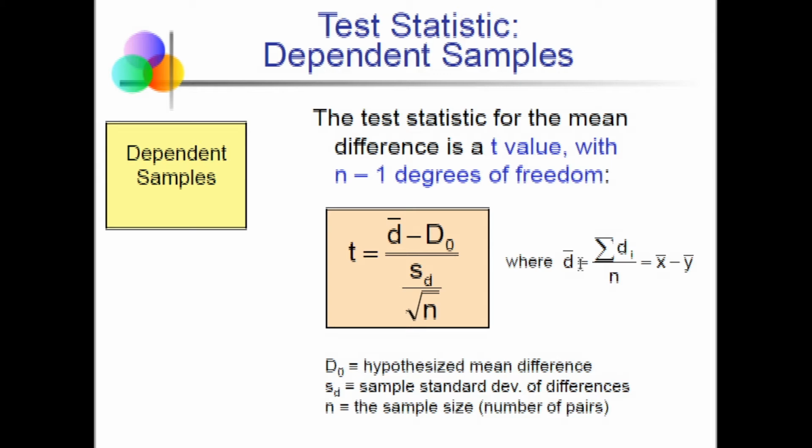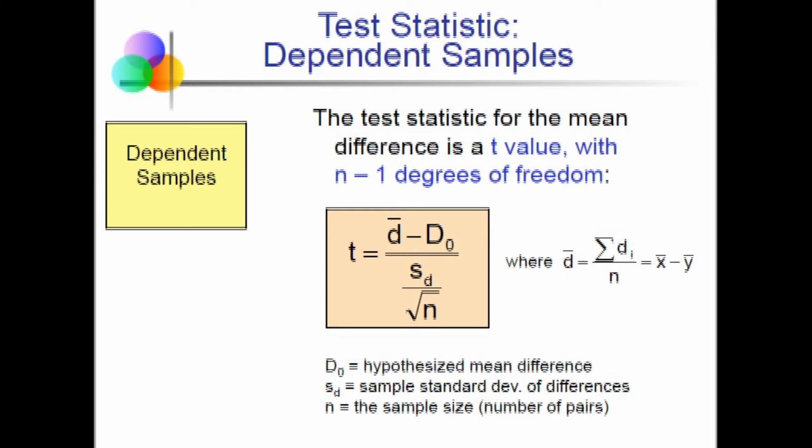So this is from the question, whether there's a difference or no difference or whatever exists in the question. And S_D here is the sample standard deviation of the differences, and n is the sample size, that is the number of pairs. So we can have a lower tail, an upper tail, or a two-tailed test, where t is just given by that formula.